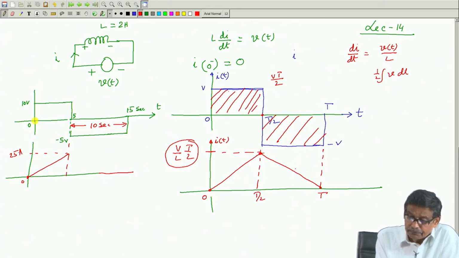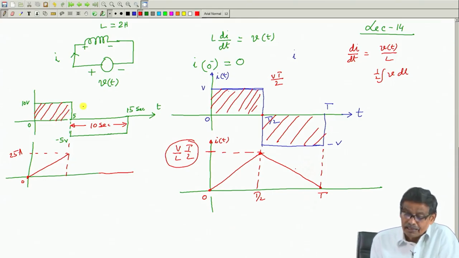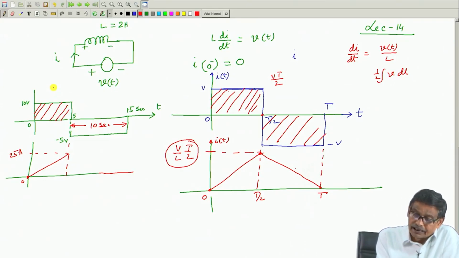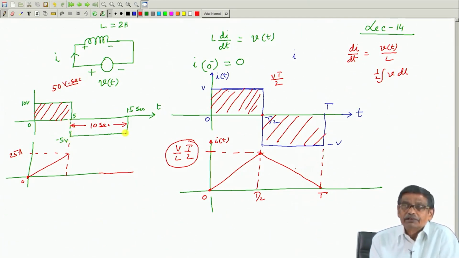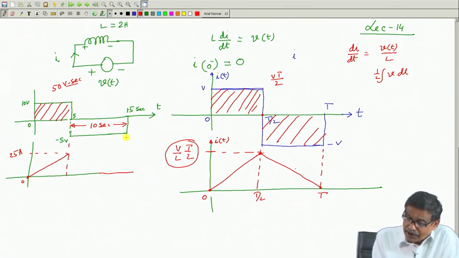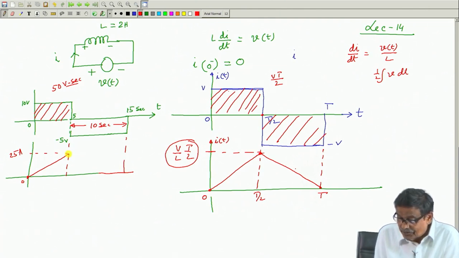During this positive half of the voltage applied, how much volt second have you spent? 50 volt second. In the negative voltage, how much volt second have you applied? Once again 50, but in the negative sense. Therefore, current will once again become 0 at this point.